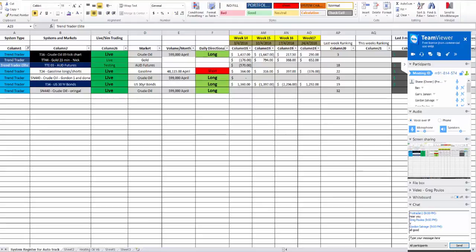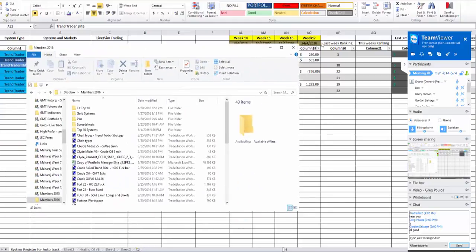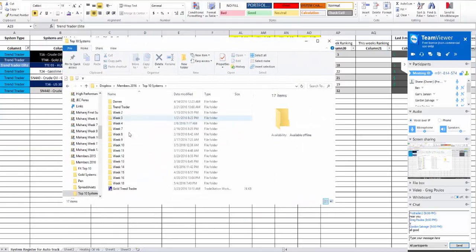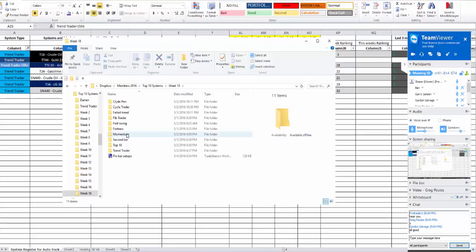What I've started to do, you'll notice, we'll go to my file here. If I go to Dropbox members, as I go through and update the week, which is week 18, I'm adding in the top 10 now, and I've got a second tier of systems, and I'm also putting the systems in their individual strategy folder.